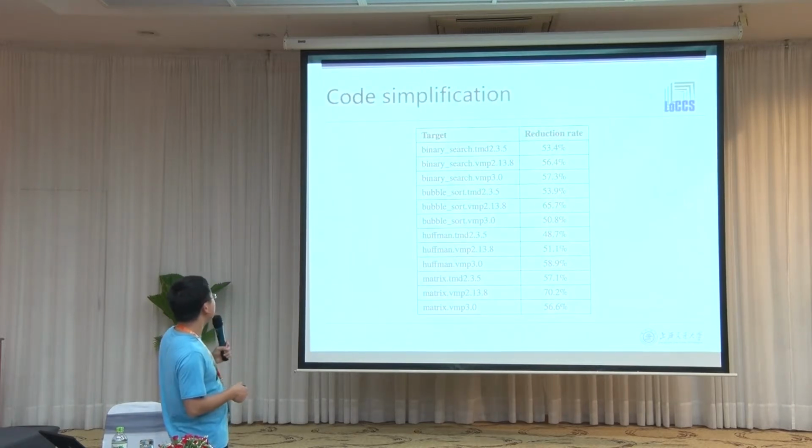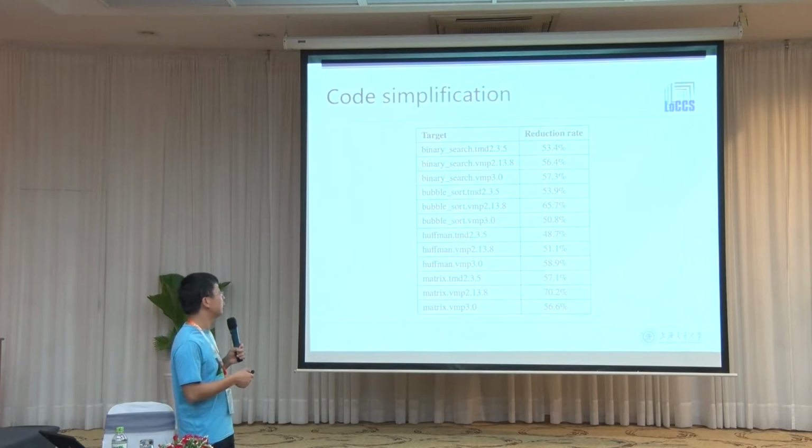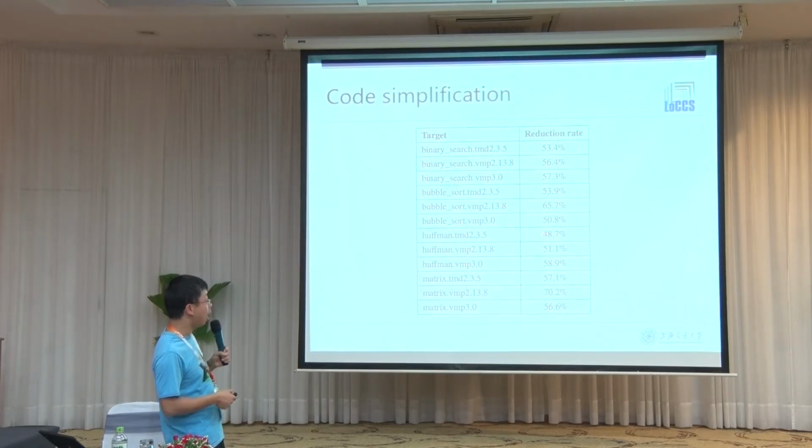So for the code simplification, we can see for each implementation of the algorithm, the obfuscated code can be reduced to almost half of its original size.